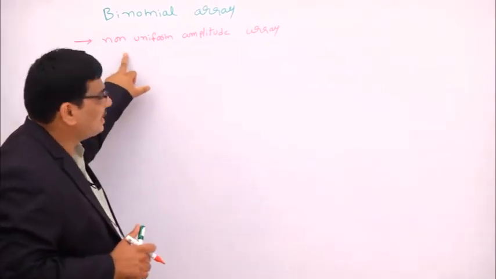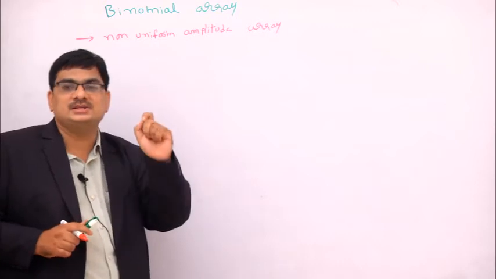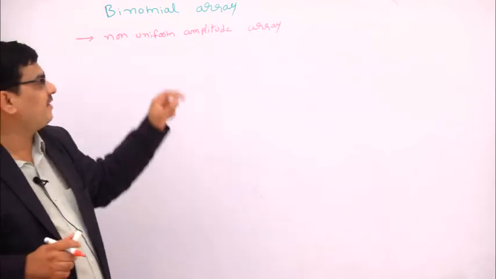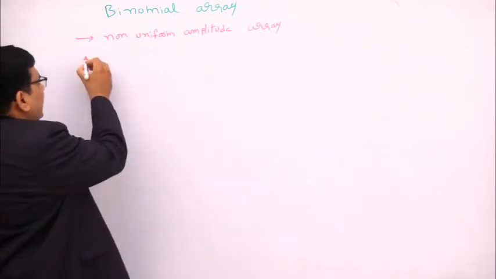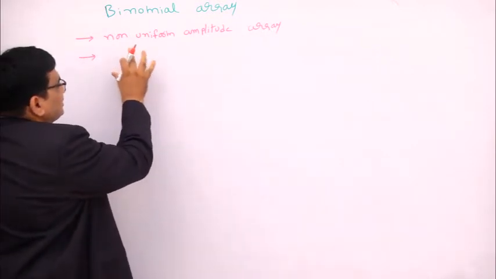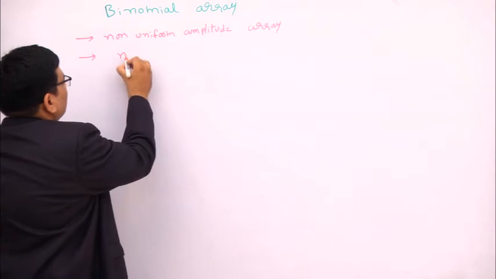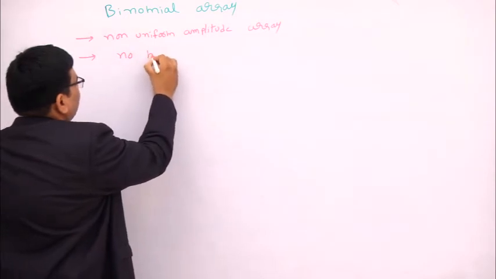In this binomial array, all the elements are arranged in that fashion to reduce the minor lobes, that means side lobe levels, and the resultant pattern has no minor lobes.